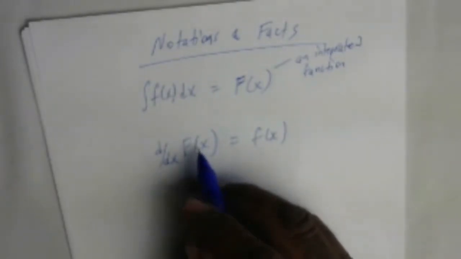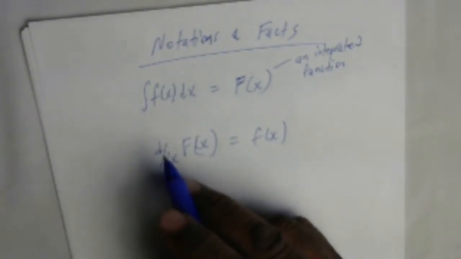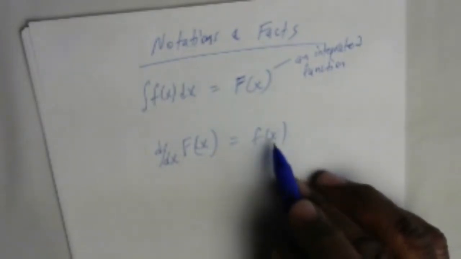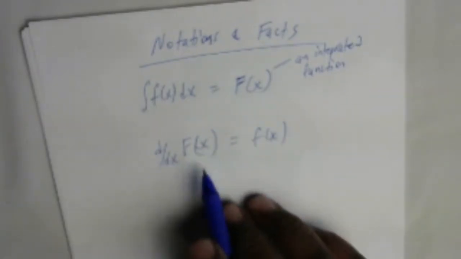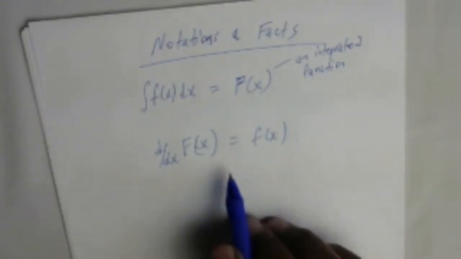And vice versa, if you take an integrated function and find the derivative, it would return your function. So you're sort of undoing things here. The derivative and the integral are reverse processes.